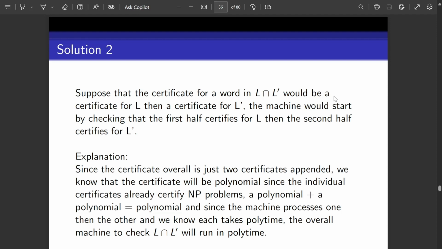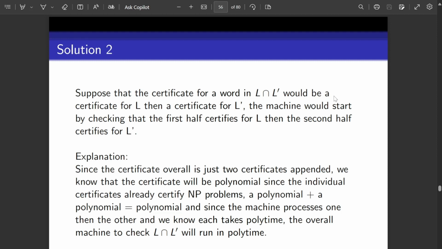The certificate overall is just two certificates appended, and it will be polynomial since each individual certificate already certifies for an NP problem. And by definition, to certify for an NP problem, that certificate would have to be polynomial. And a polynomial plus another polynomial would just be another polynomial.